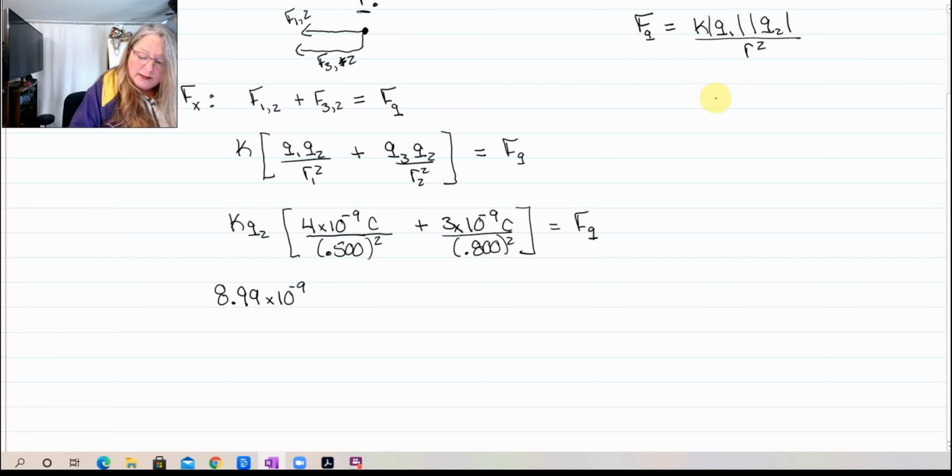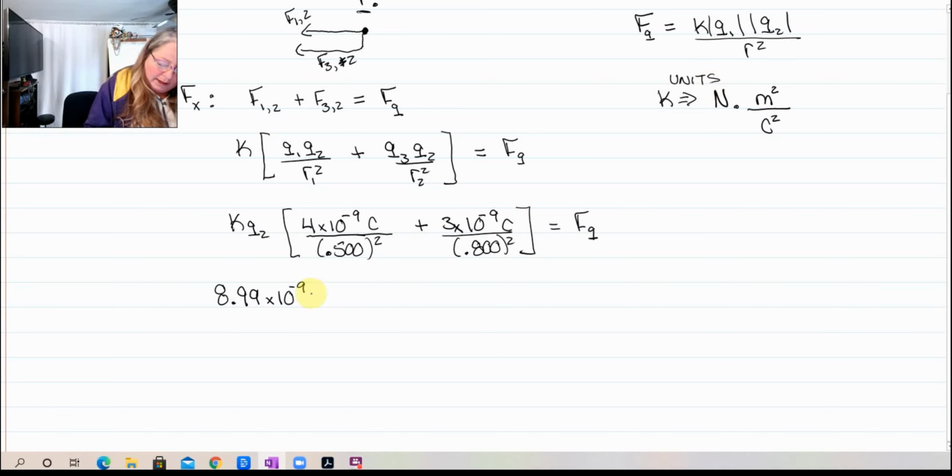So K has to have units of newtons. I need those charges to go away, the coulombs. So it's going to be times that I have that C squared on the bottom. Now I also need to make the meters squared go away. So meters squared on top. So those are the units of K.